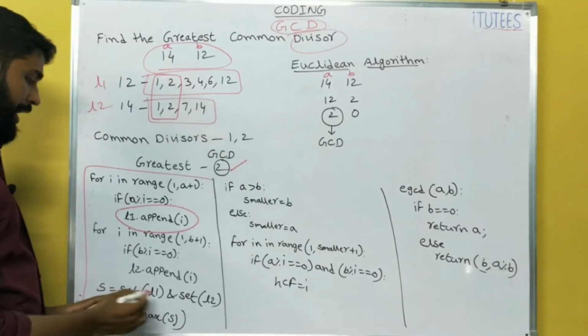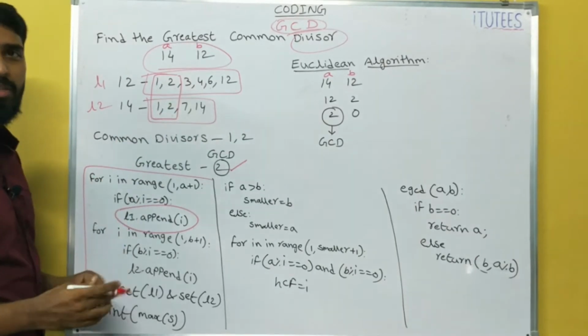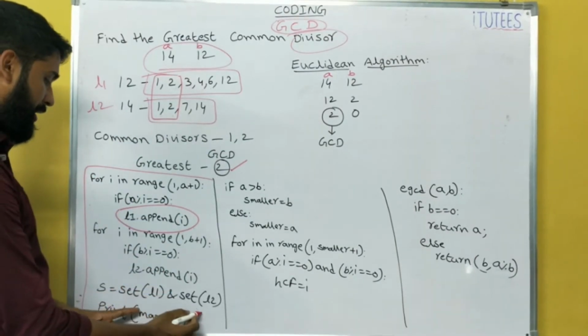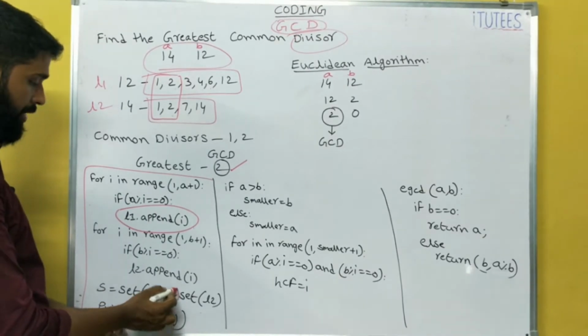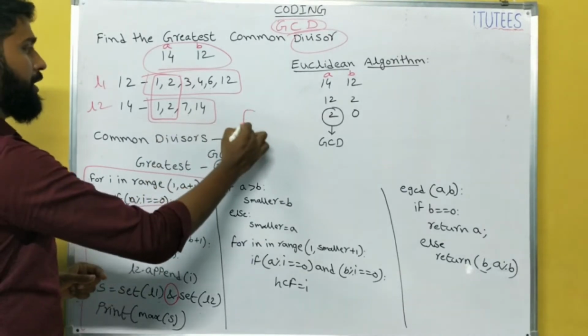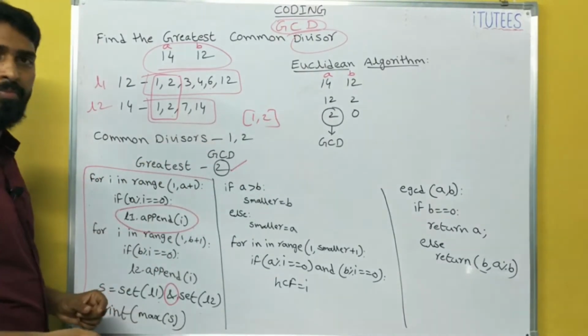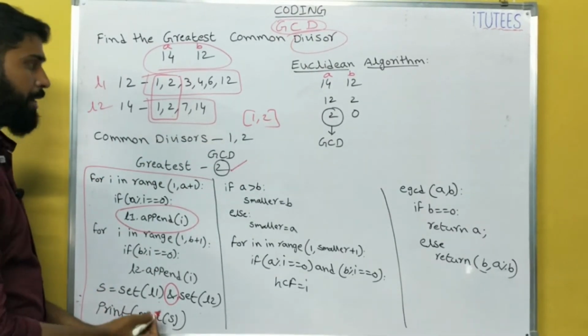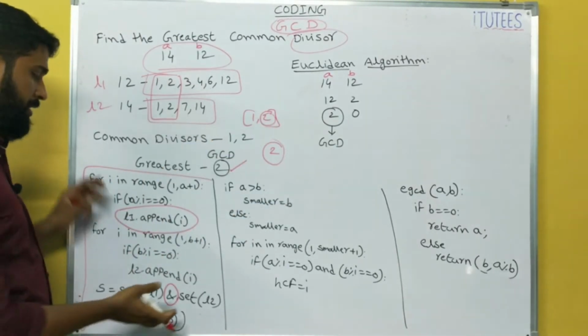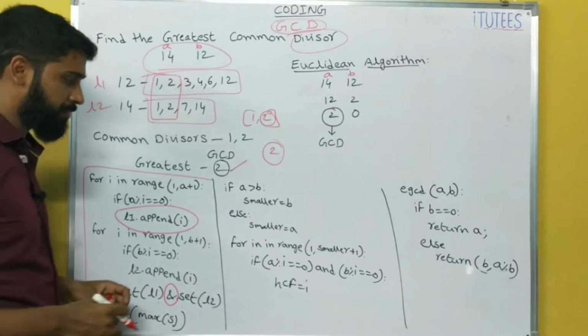After that I combine the common divisors. How can I get the common elements? By using sets. I convert these into sets and find the AND operation, so the common elements we get are 1, 2. After that I print the max of S, that means it prints 2. But this is the longest process.